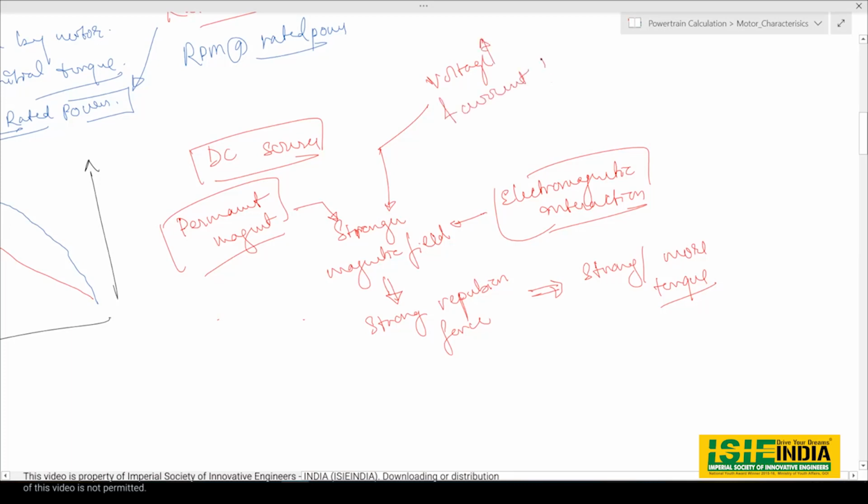Basically you can increase the voltage or current, okay. We don't increase both of them simultaneously. Either you will increase the voltage or you will increase the current, okay. So if you increase voltage or current, the magnetic field intensity will also increase, right? And due to that you will have a stronger repulsion force and then the strong or more torque. Is this clear?